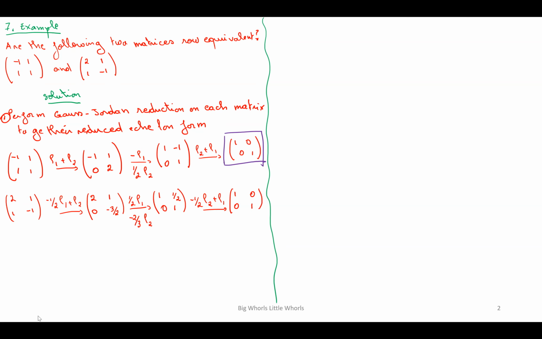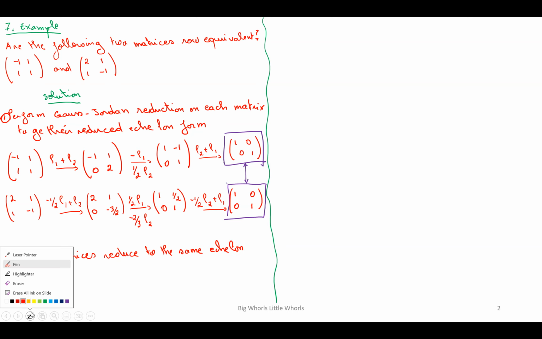As you can see, the second matrix also reduced to the same echelon form. Okay, so let's say the two matrices reduce to the same reduced echelon form.